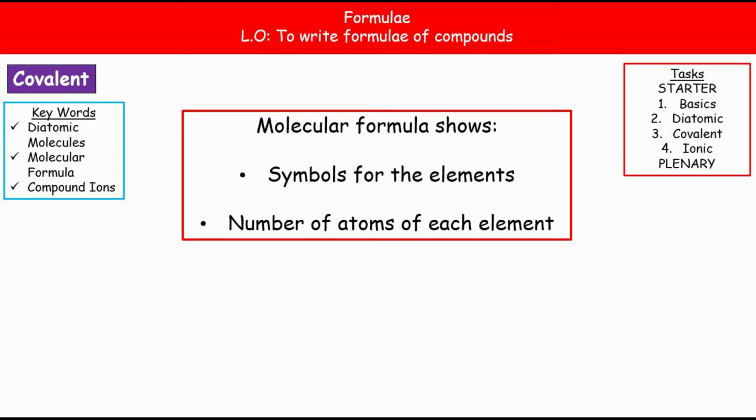And these are really important and very informative to us as chemists, because when we look at a molecular formula, we can see the symbols for the elements and the number of atoms of each element present as well. So it's giving us that initial bit of information. What elements is it made from and how many atoms of each element are there? Obviously from that we could also work out the total number of atoms that make up that chemical too. So make sure you've got those couple of points written in your books.